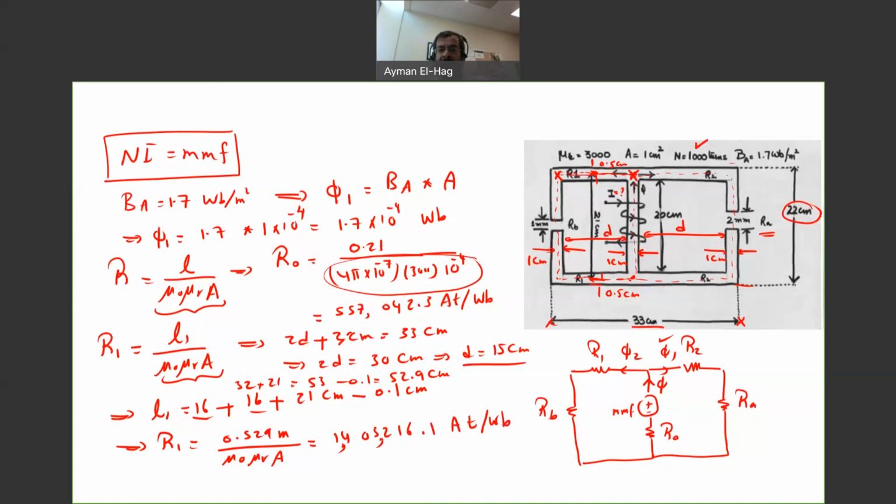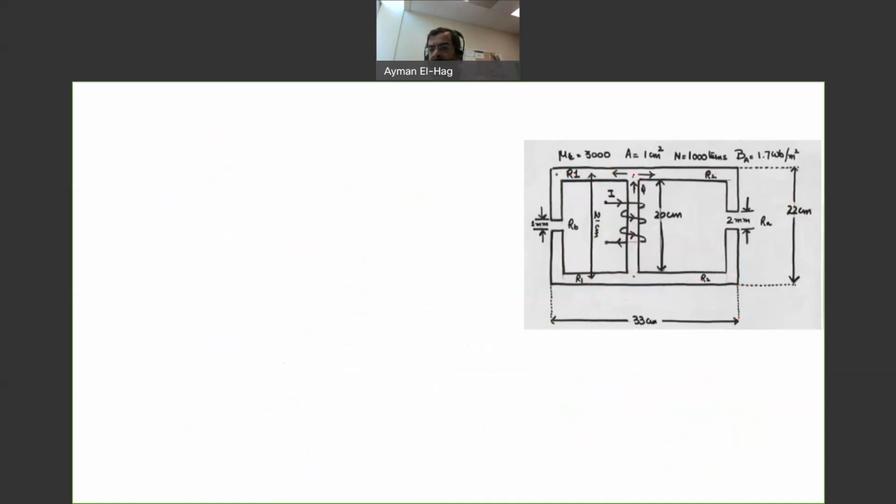We know reluctance 0. We need to find reluctance 2. Now you can see clearly that the length for reluctance 2 is equal to L1 minus just 0.1 centimeter. Why? Because the air gap here is 0.2 centimeter, or 2 millimeter, and here is 1 millimeter. The rest is exactly the same.